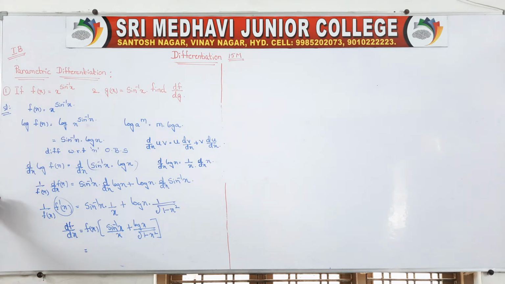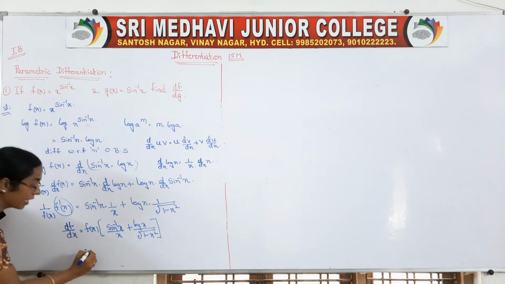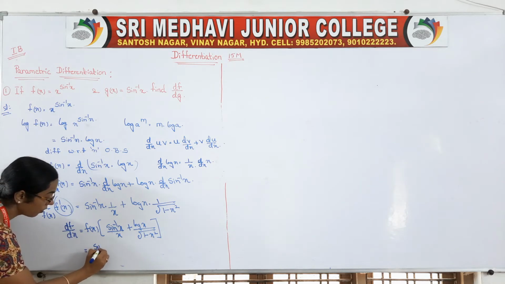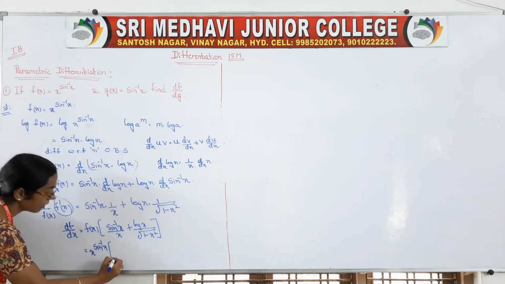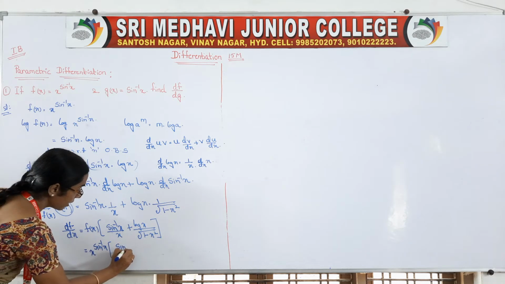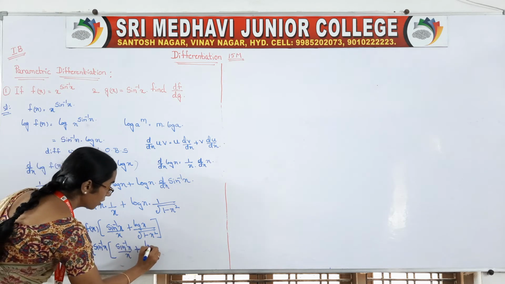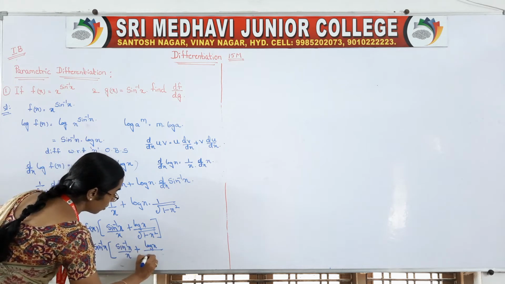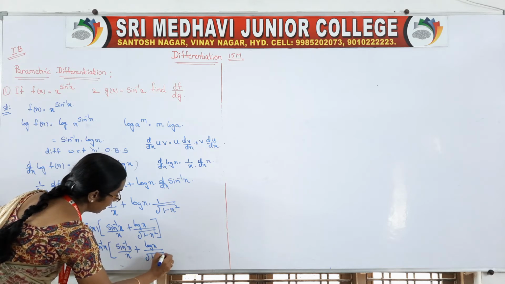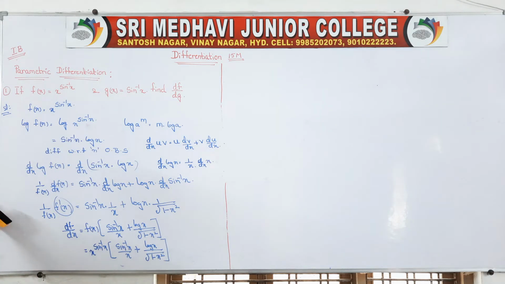We have taken f of x equal to x to the power of sine inverse x, into sine inverse x by x plus log x by root of 1 minus x square. Okay, this is your df by dx.